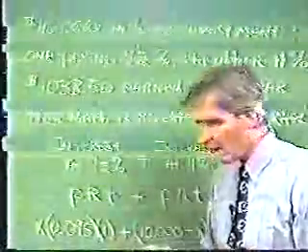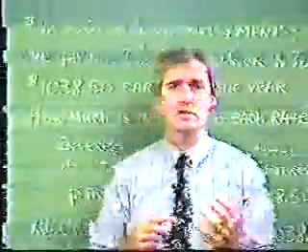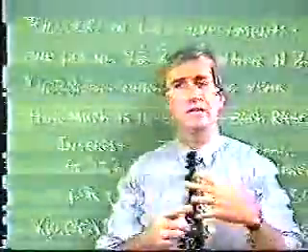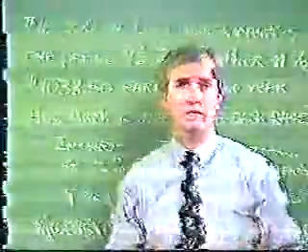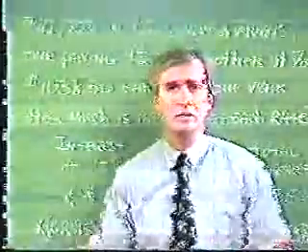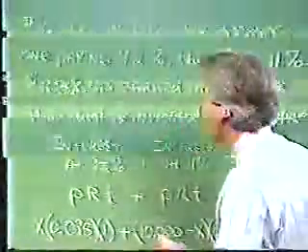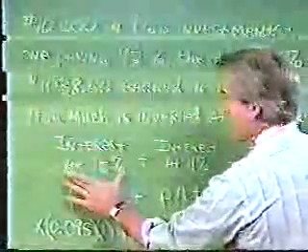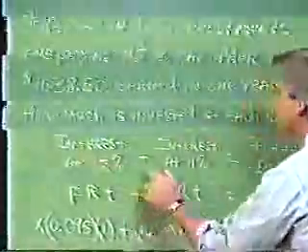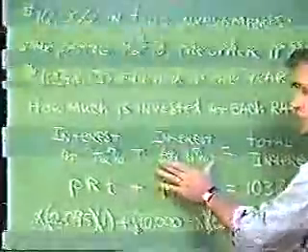Well, our verbal model consists of just looking at the problem and suggesting some statement of equality here, something that sort of makes sense, that gives a relationship of equality. The interest that is earned at 9.5% plus the interest that's earned at 11% is equal to the total amount of interest earned.